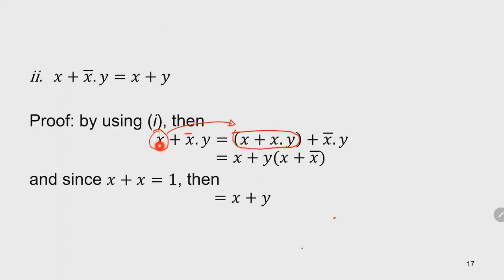So we expand x into this, and then this is the same. And then we can collect the common term for y. So we have a common term of y here, and then we can collect that term.